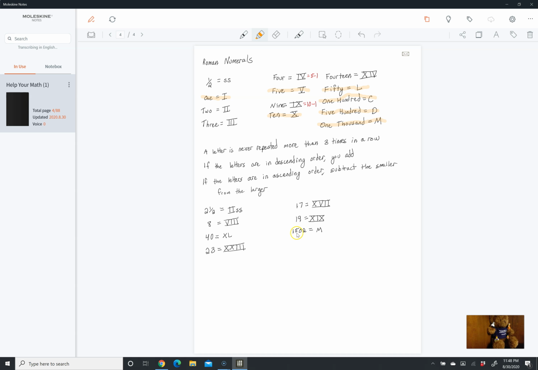Then we have another 500, so 500 is a D. And then we have 2, and 2 is 2 I's. Okay, and sometimes I'll leave out the lines, kind of depends. I'm more likely to write this as M, D, and then the 2 I's.